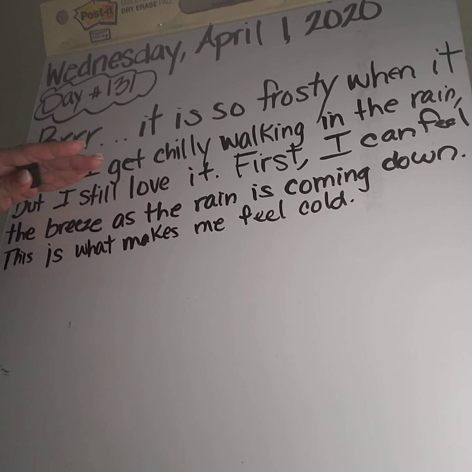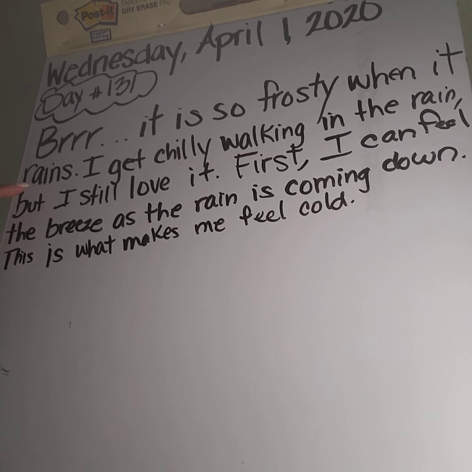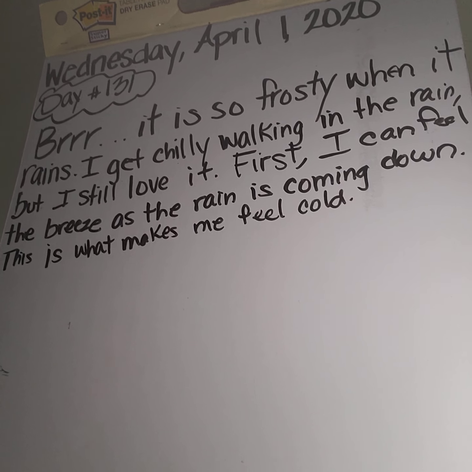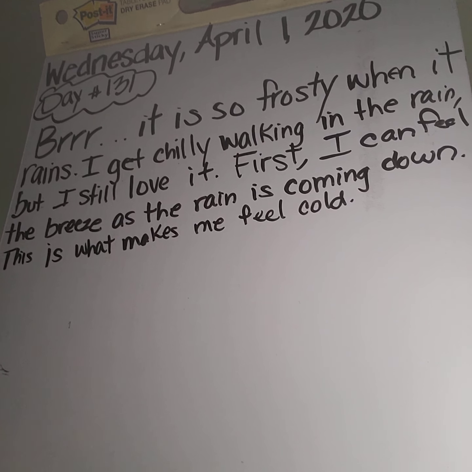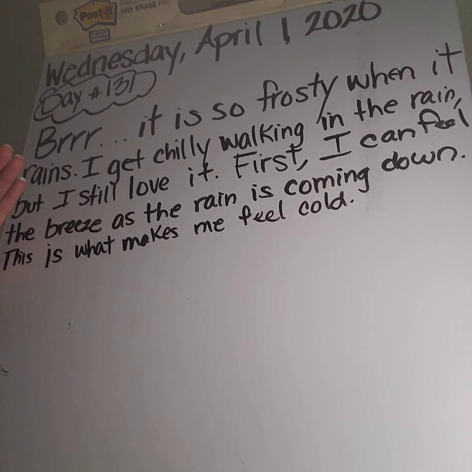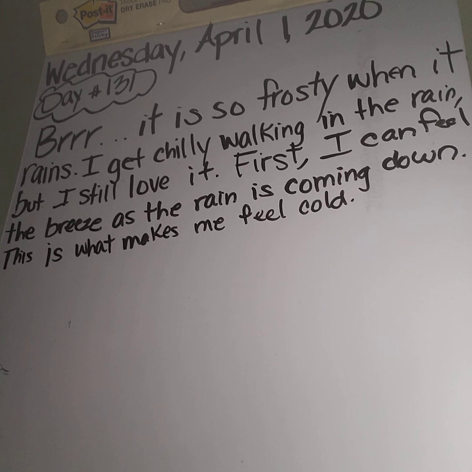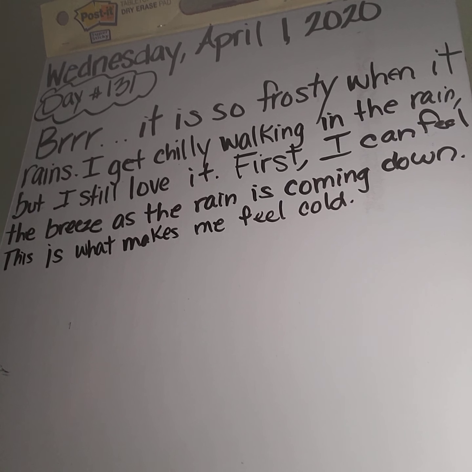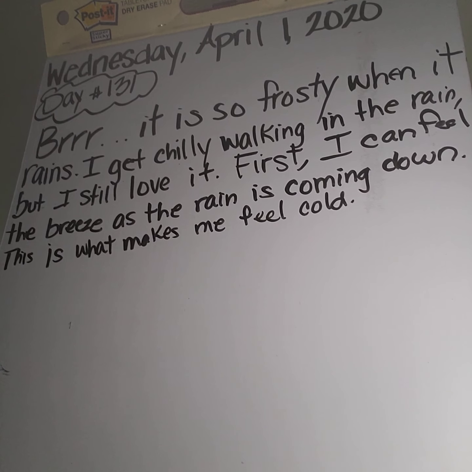Yes, I'm giving you different reasons why I love the rain because the prompt was walking in the rain, but I'm adding details each time. I'm not talking about different things in every single sentence because one paragraph should flow. It should all pretty much be about the same topic. I'm just giving you more details. All right, so I wrote first, I can feel the breeze as the rain is coming down. This is what makes me feel cold.